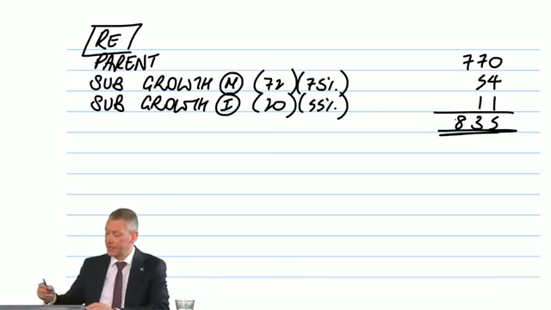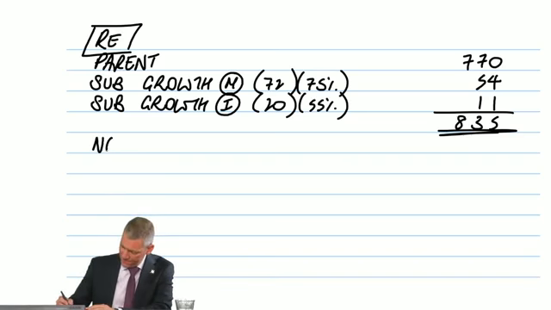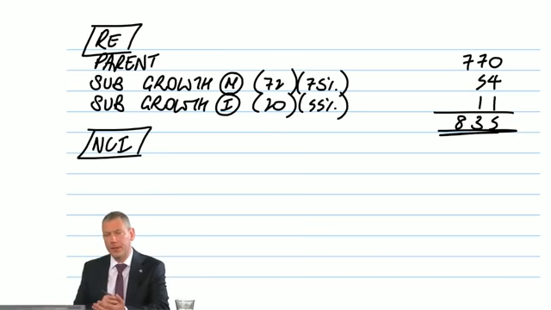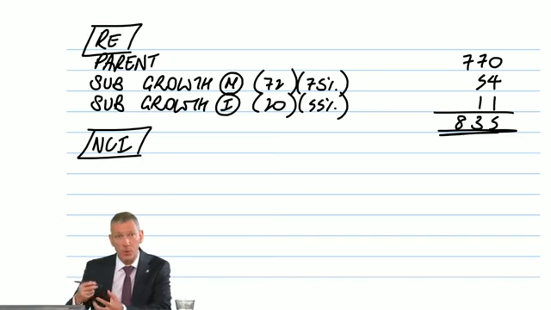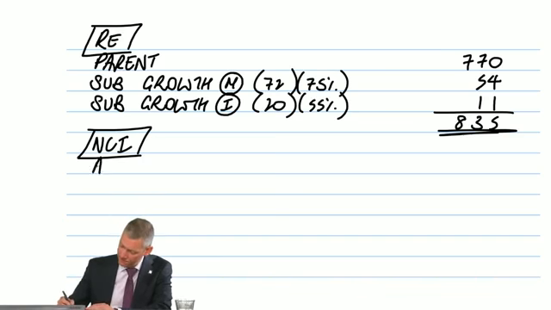And then the NCI. Starting to look a lot more like an exam question now, because you always have 2 subsidiaries. So we get this repetition, which is nice, because it gives you extra marks.